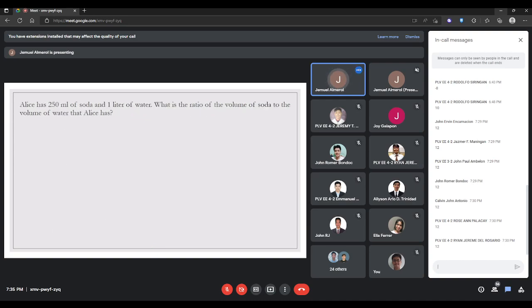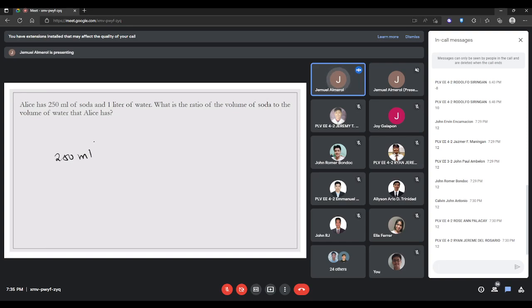Alice has 250 milliliters of soda and 1 liter of water. What is the ratio of the volume of soda to the volume of water that Alice has? 250 milliliters and 1 liter.